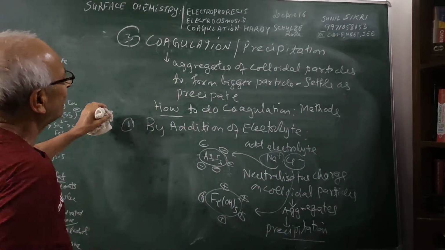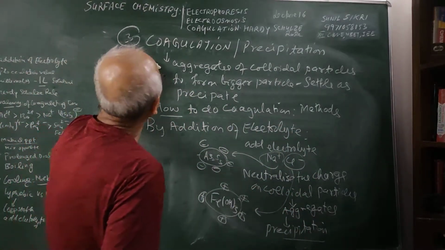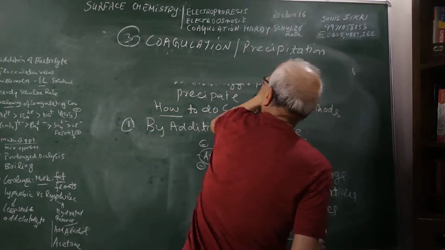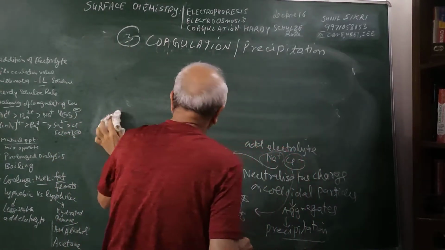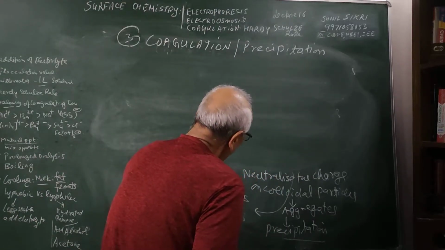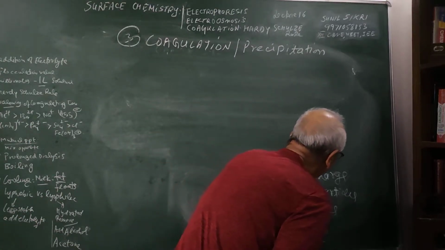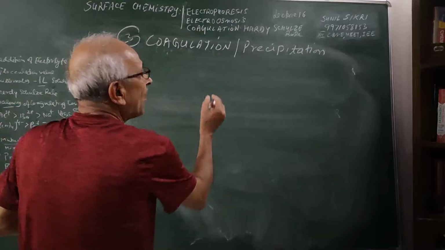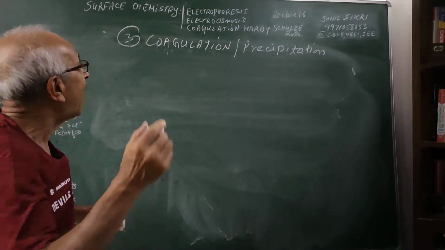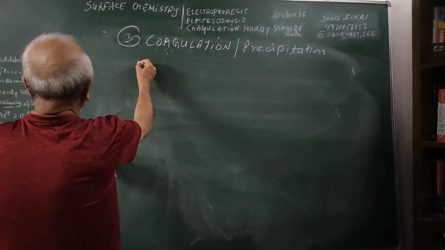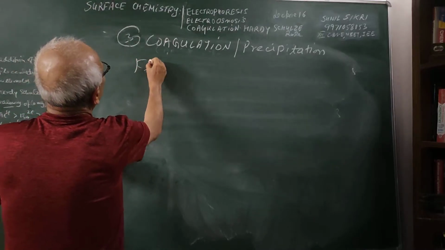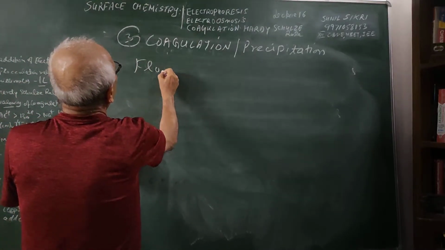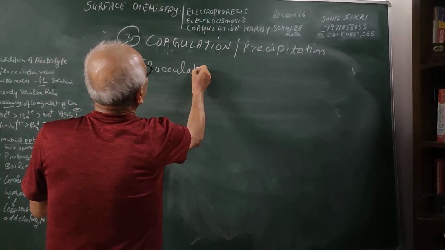So this is one of the methods, and there is something called coagulating value. The ions which carry opposite charge to the charge on the colloidal particles are responsible for coagulation. They are called flocculating ions.